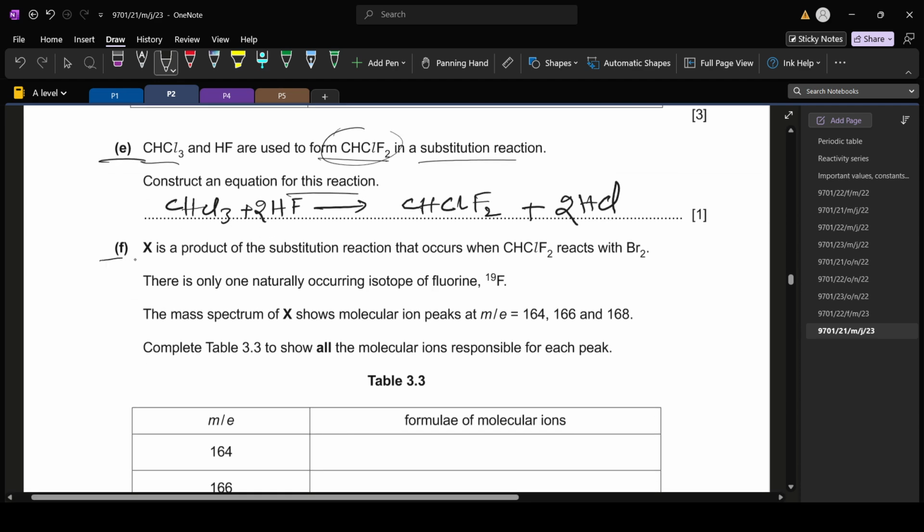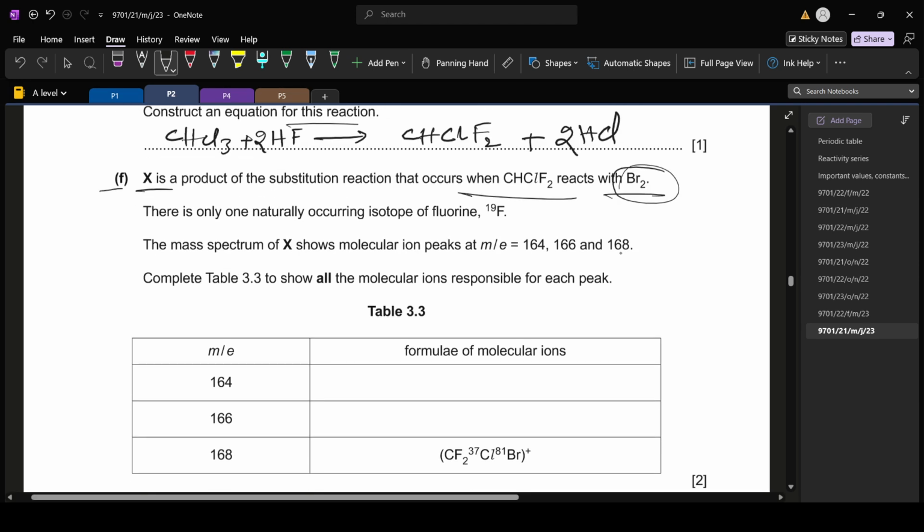Now part F. X is a product of the substitution reaction that occurs when CHClF2 reacts with bromine. There is only one naturally occurring isotope of fluorine. The mass spectrum of X shows molecular ion peaks at 164, 166, and 168. Now complete table 3.1 to show all the molecular ions responsible for each peak.